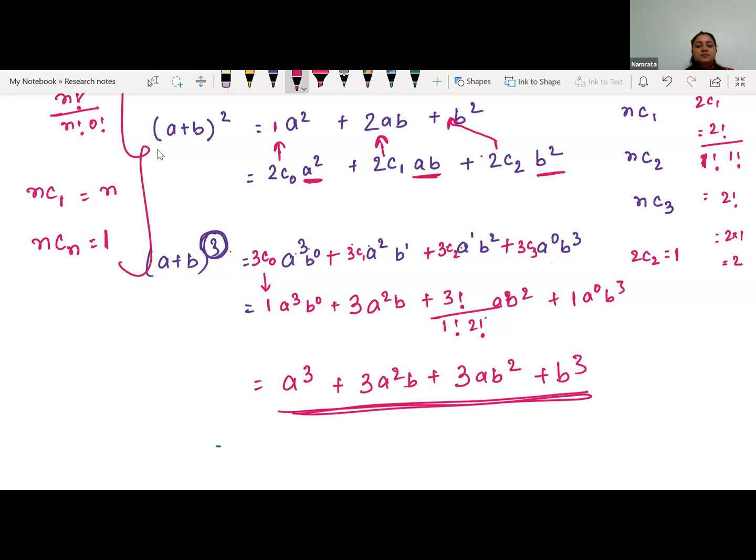Yes, ma'am. So what we are trying to figure out, first we understood the pattern, how the pattern is going on, and then we were worried about the coefficient. So we have taken the help of Pascal triangle, but Pascal triangle is not helping that much, because when we have to do the expansion for a bigger power, the Pascal triangle will be huge.